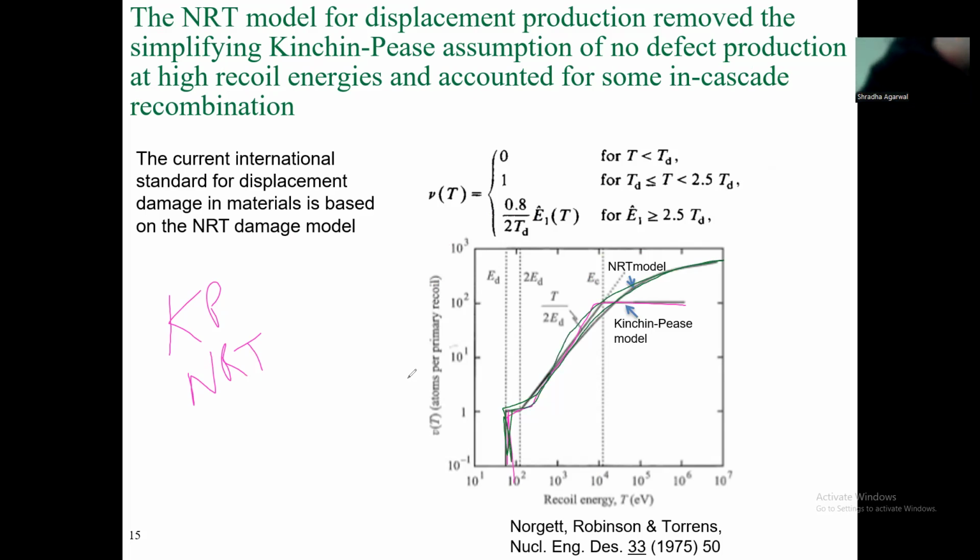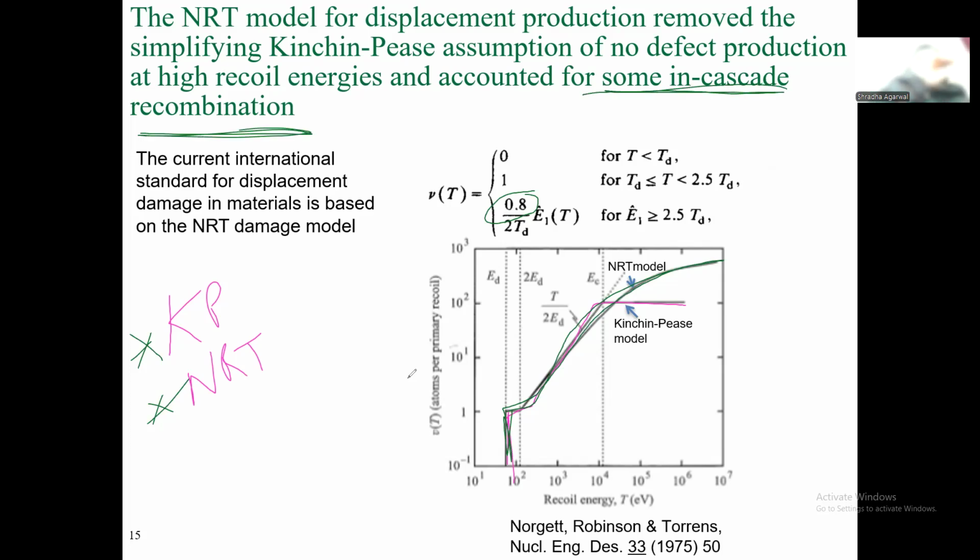And you should know about Kinchin-Pease and NRT by heart. And this could be one of your homework questions when the second homework comes. What is the difference between the NRT and Kinchin-Pease models? Both of them are used for displacement, just that one introduced this special 0.8 factor to account for some kind of in-cascade recombination.